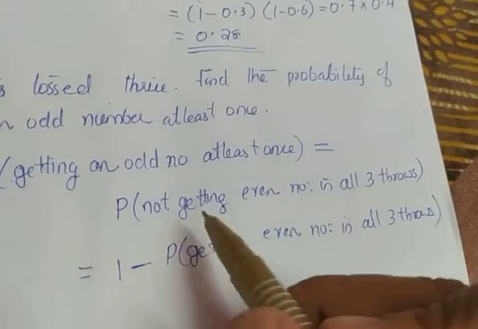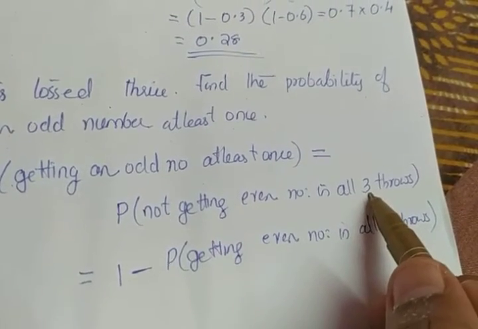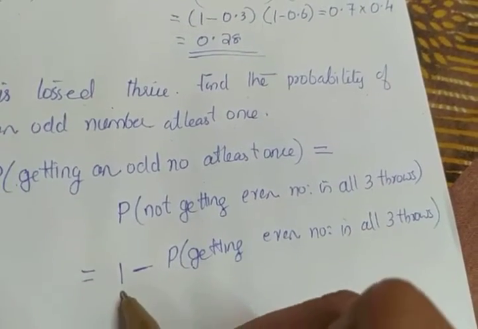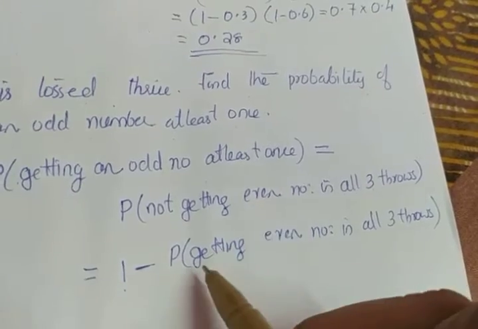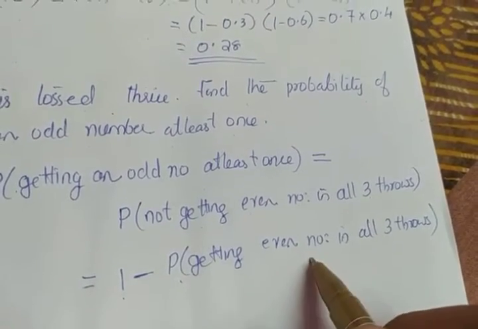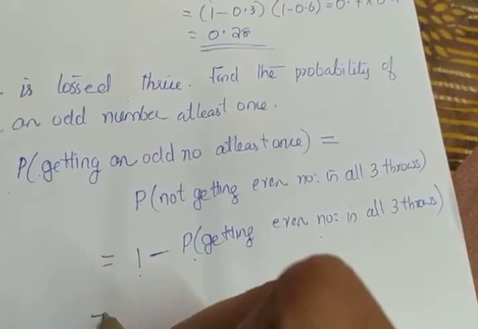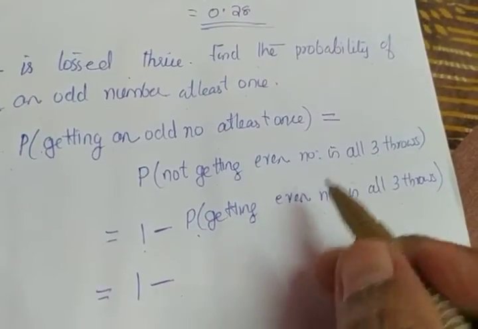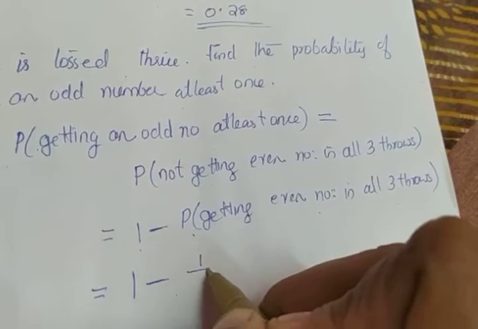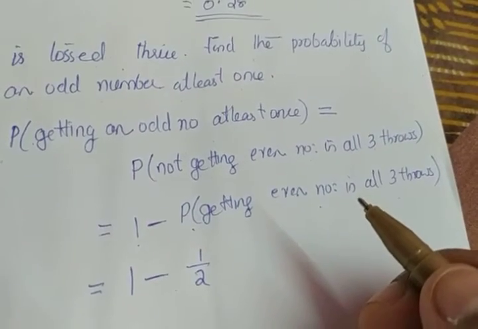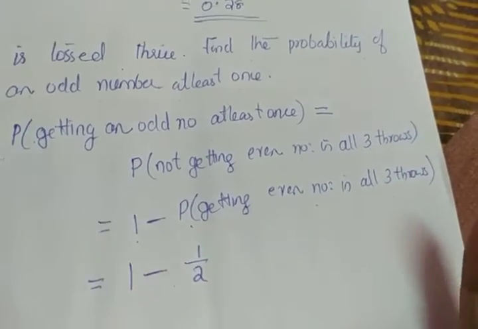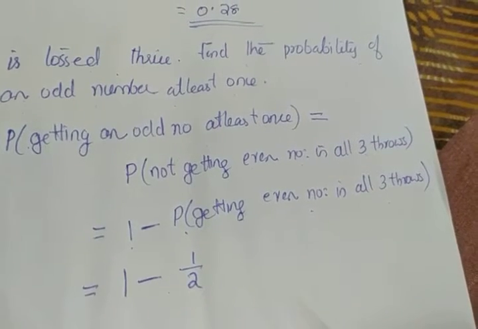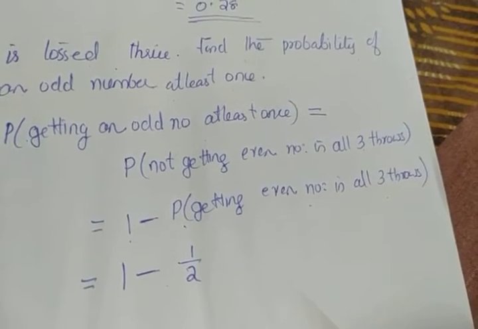P of not getting an even number in all the three throws is equal to 1 minus its complement. Its complement means P of getting an even number in all the three throws. In the first throw, the probability will be 1 by 2, because how many even numbers are there in a die? 2, 4 and 6. So 3, divided by the total number, 6.